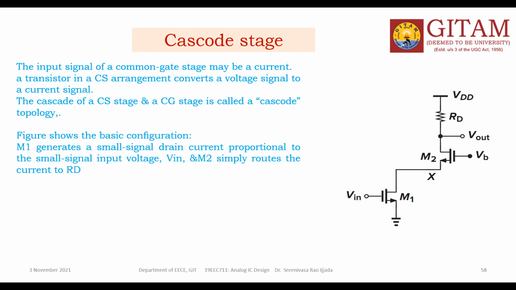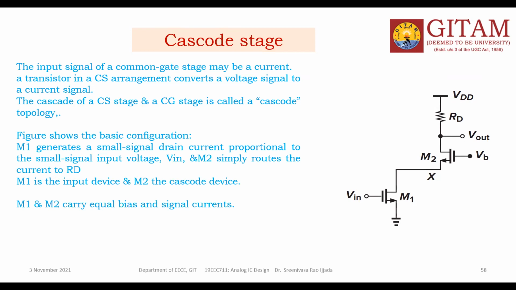M2 simply routes the current to RD, taking whatever current M1 generates to RD to make the voltage drop. So M1 is the input device and M2 is the cascode device. M1 and M2 carry equal bias and signal currents, since both are in series.